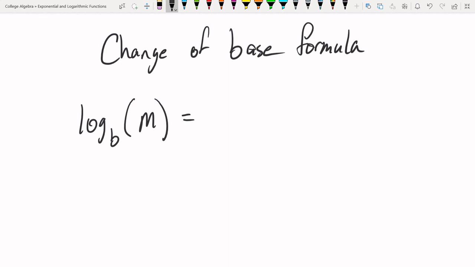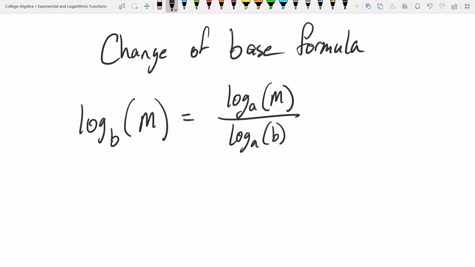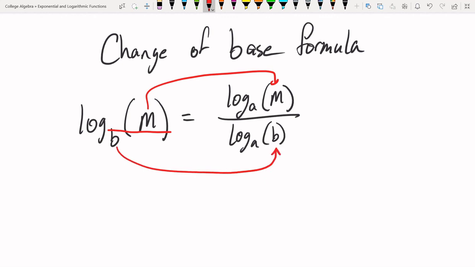To change the base to a different base, a, we take the logarithm of the new base, a, of the inside, and the logarithm of the new base of the old base. Think of it like this, right? If you draw a line here, m is on top, so m goes on top, and b is on the bottom, so b goes on the bottom. And then the new base is what you're going to be using for this right-hand side.